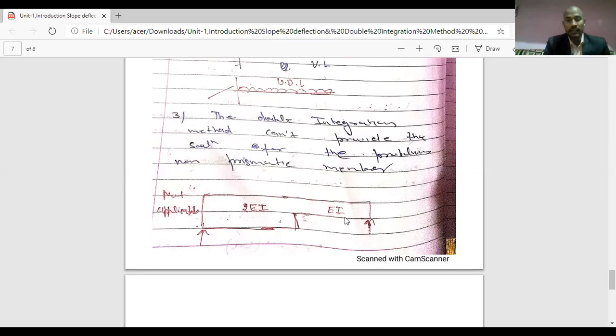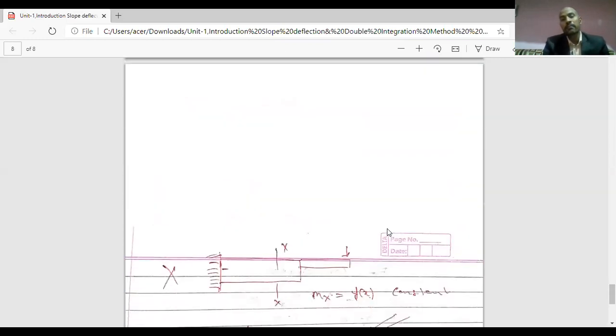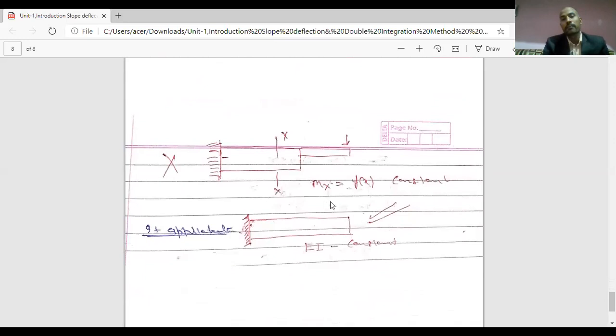I already told you, for the double integration method, EI will be constant all through the span of the beam. If we see the second beam, this beam is also a non-prismatic beam.